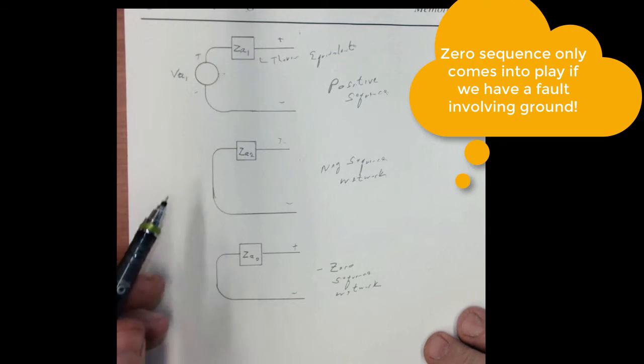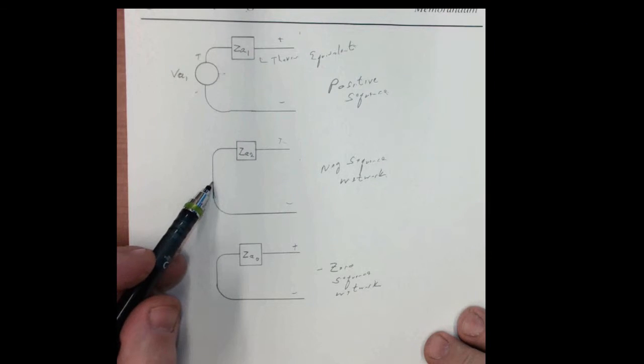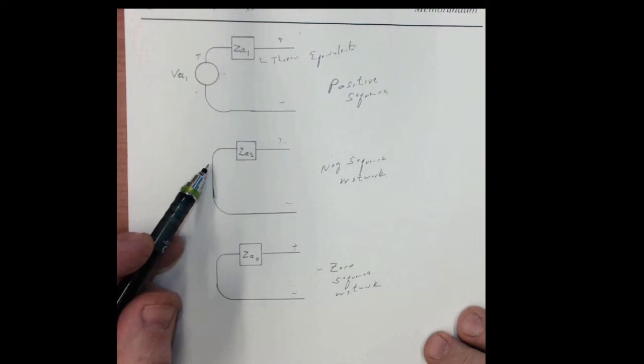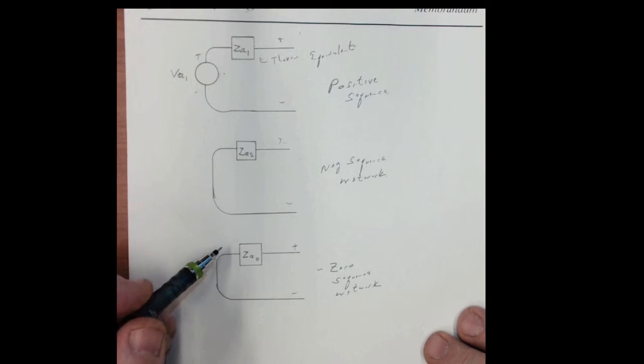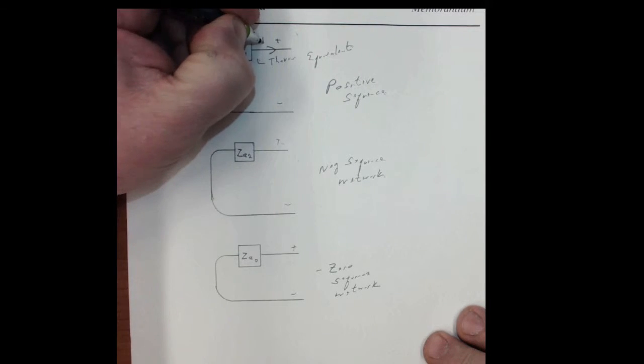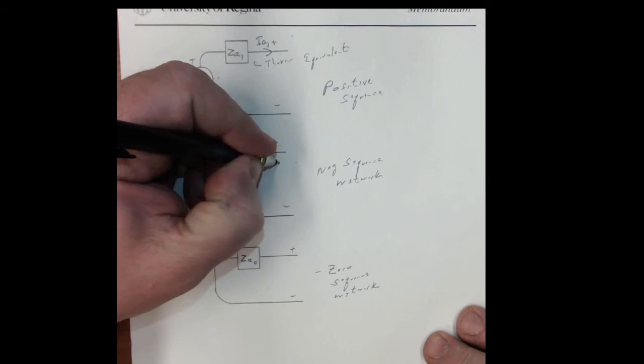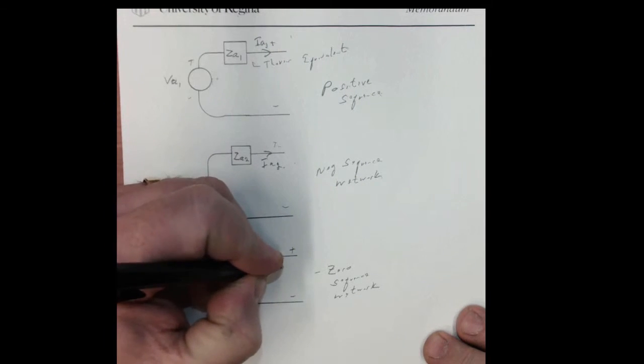Now, not all of these networks apply to all faults. They all exist for our circuits, and what's involved for us is how we connect these networks together when we're actually analyzing a fault, and then how we calculate our resulting currents. So here, the resulting current I'm interested in is IA1, here IA2, and here IA0.